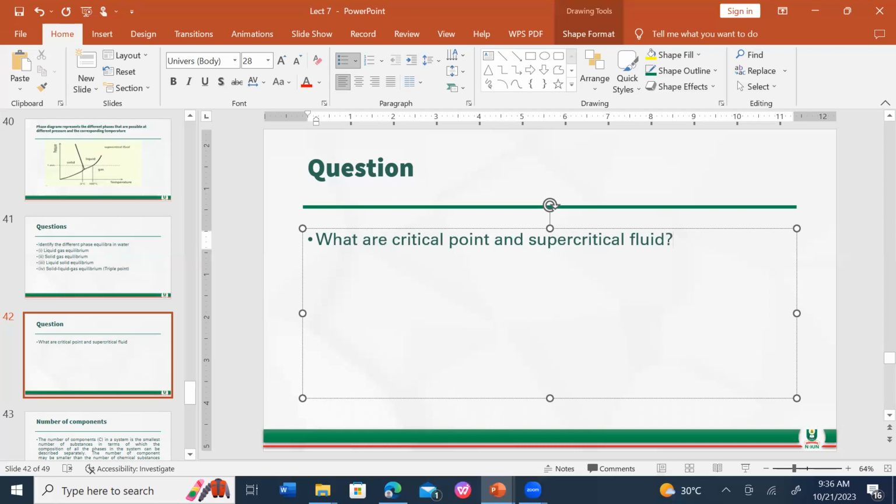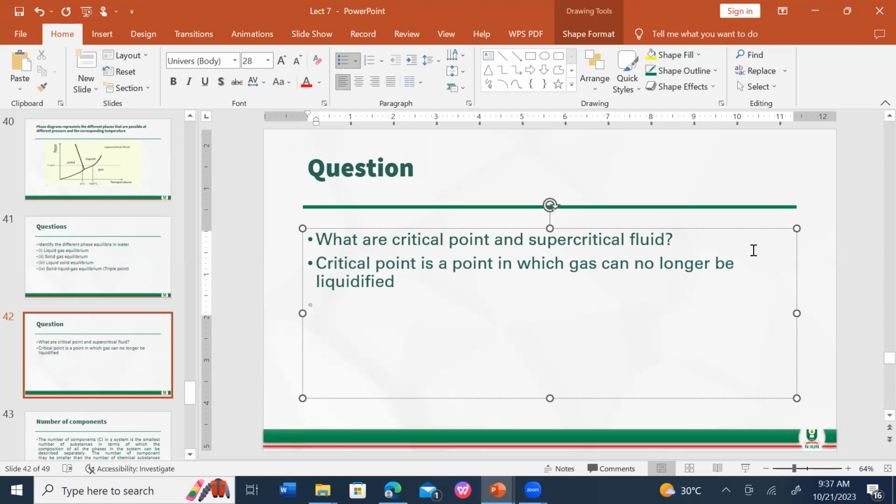What are they? So critical point is the temperature, or let's say is a point in which gas can no longer be liquefied.